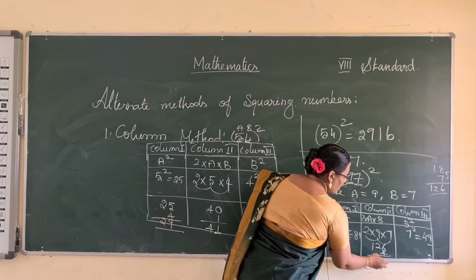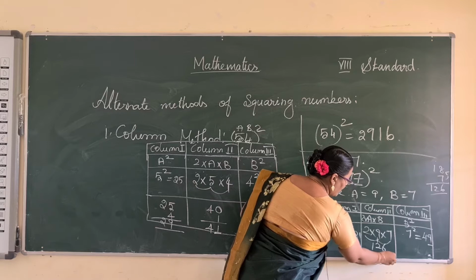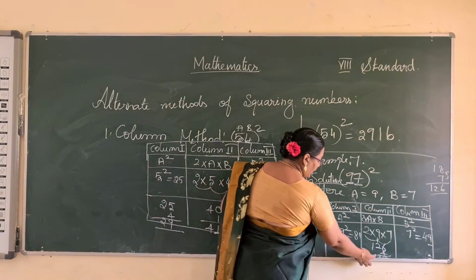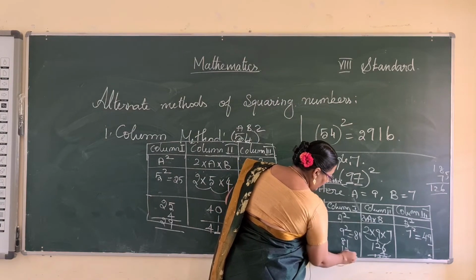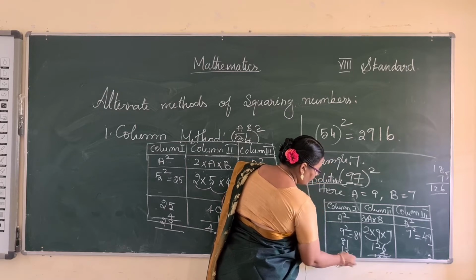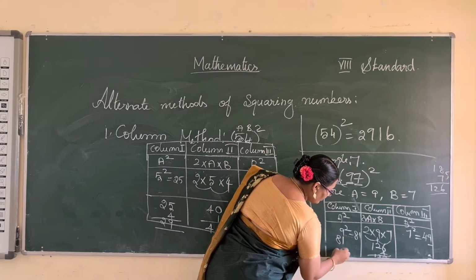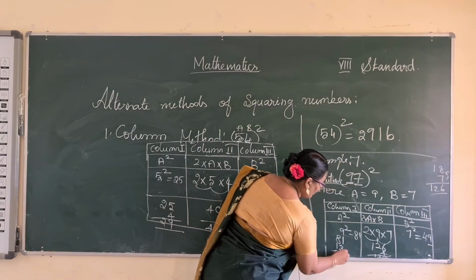Now the tens value moves to column 2 and is added to the unit place. So 6 plus 4 is 10, which makes 130. Underline the 0, and 13 moves to column 1. Already here 81, so add 13. What do we get? 94.